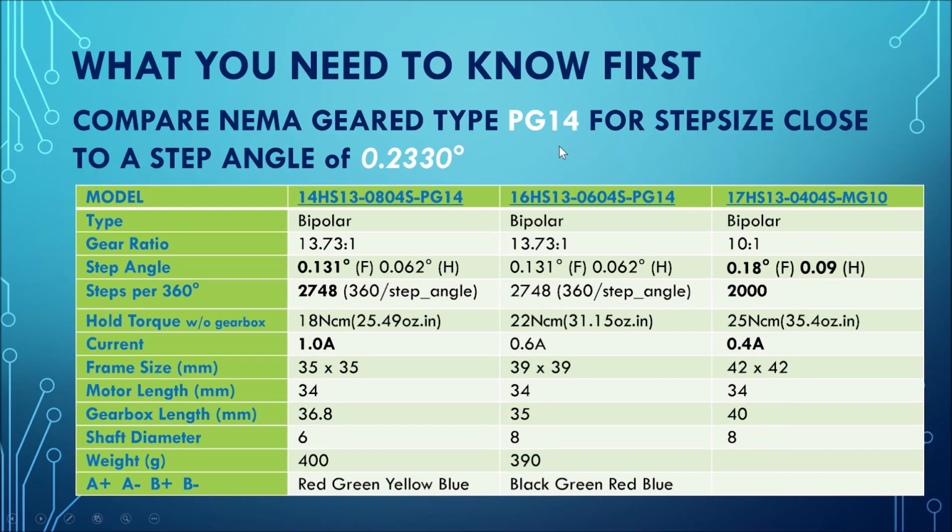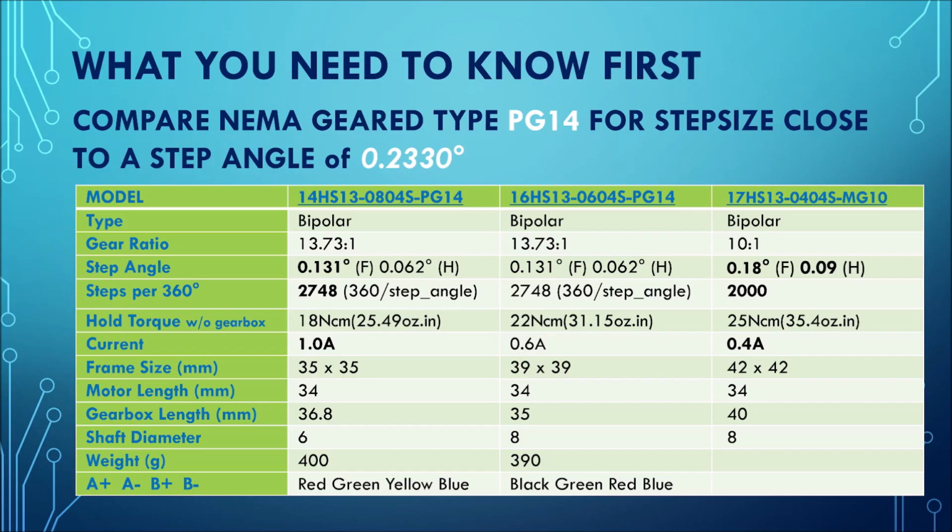The next one is PG14. Again, we're still looking for the same step angle. But you see here, every time we increase the PG from 5 to 9 to 10, etc., we're getting a step value which is significantly lower. This one here is a PG10 because there is no NEMA 17 motor for PG14.